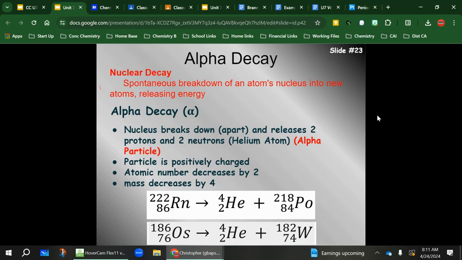Okay? Now, if what is created is radioactive, it may break down again. It might go through one of the 3 kinds. If not, this is a stable atom and nothing happens to it. Not every atom breaks down.